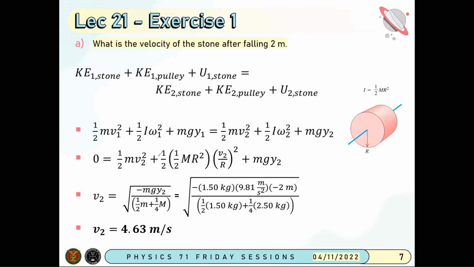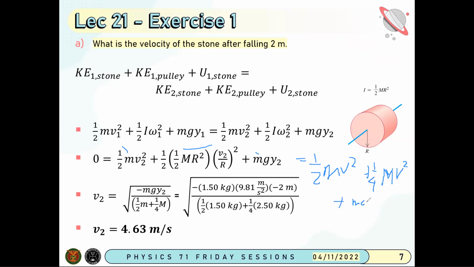This will be 1/2 mv squared, plus you have r squared cancel, so you have 1/4 m v squared. Again, these are different m's, because this is the mass of the stone and this is the mass of the pulley.